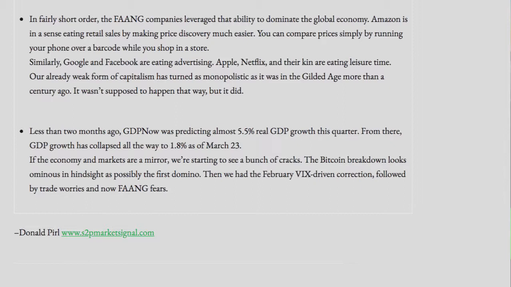You can compare prices simply by running your phone over a barcode while you shop in a store. Similarly, Google and Facebook are eating advertising. Apple, Netflix, and their kin are eating leisure time. Our already weak form of capitalism has turned as monopolistic as it was in the Gilded Age, more than a century ago. It wasn't supposed to happen that way, but it did.